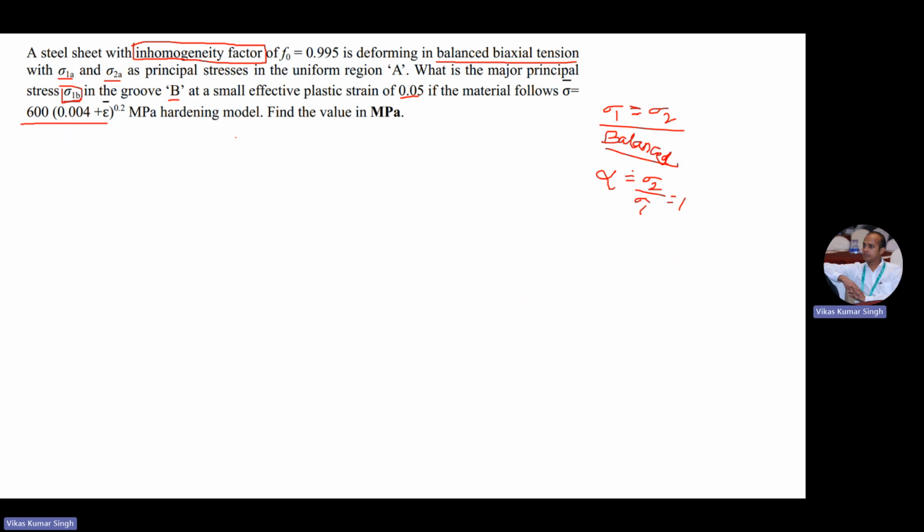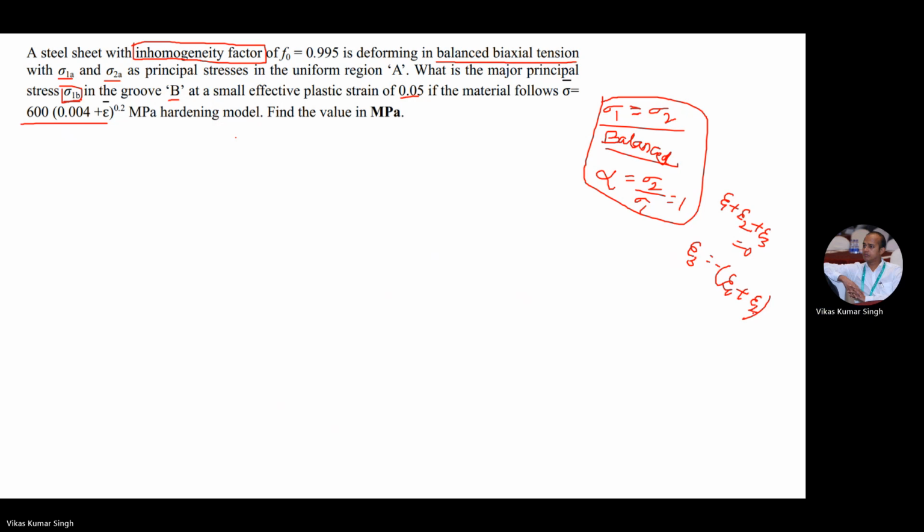So this is the state of stress in the case of balanced biaxial tension. And what about the strain? You know epsilon 1 plus epsilon 2 plus epsilon 3 equal to 0. So the state of strain will be epsilon 3 equal to minus of epsilon 1 plus epsilon 2.